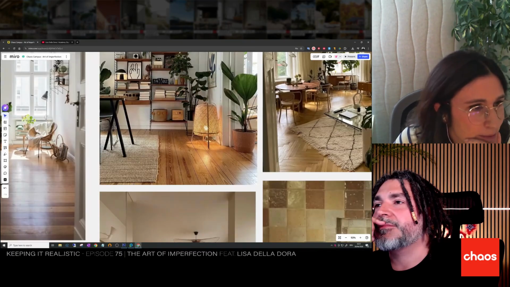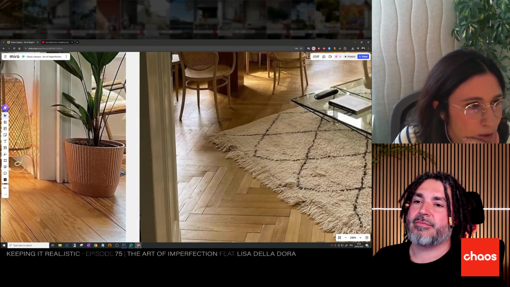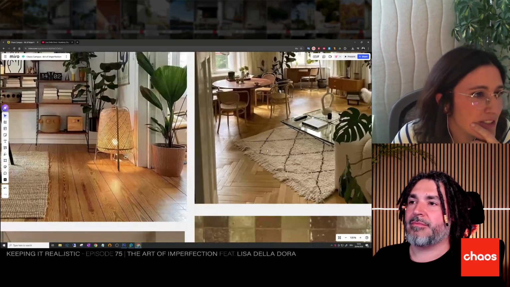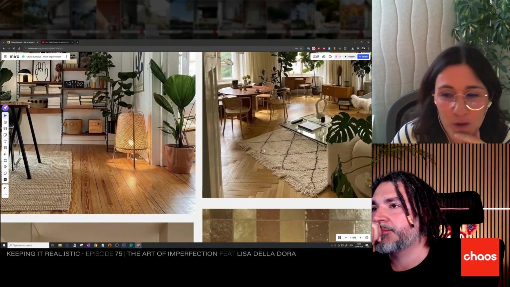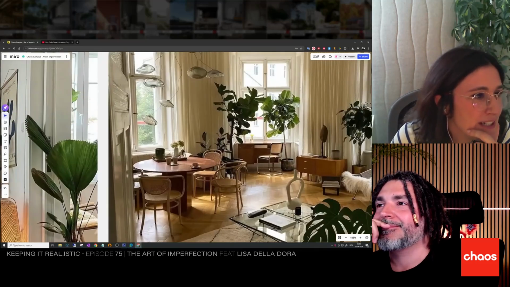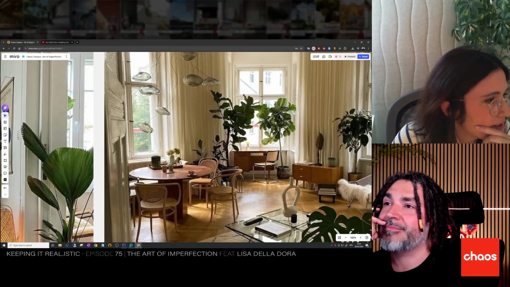You cannot even see where it's touching down here because it's completely into the rug. These kinds of details I see too many times. Things are flying over the carpets and things like that. So yeah, and you see real life translucency. That's very nice.